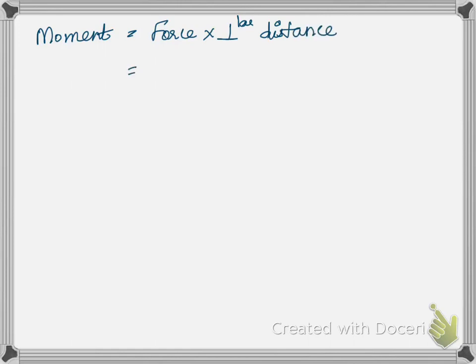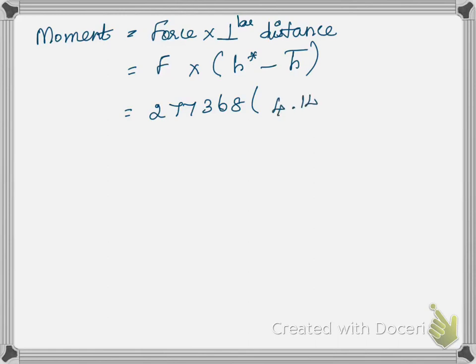I have calculated my force, I am keeping it as F, and this perpendicular distance will be h star minus h bar. So force is 277368, h star is 4.14, h bar is 4.